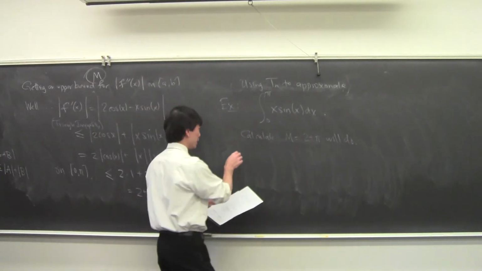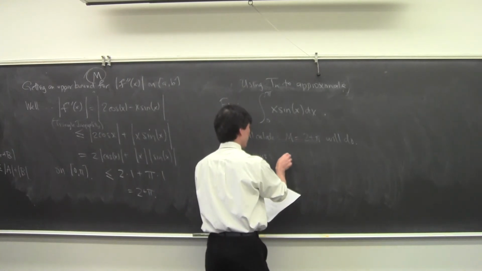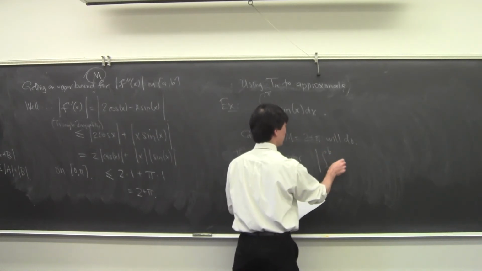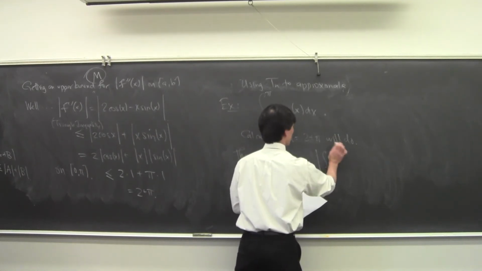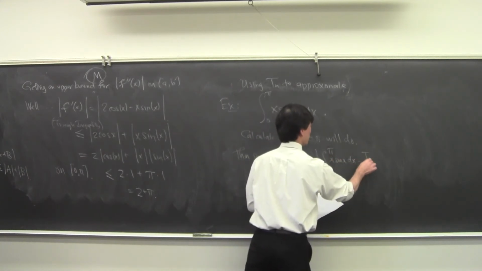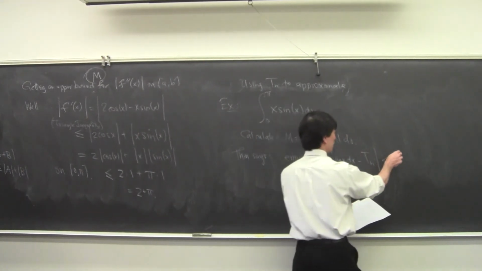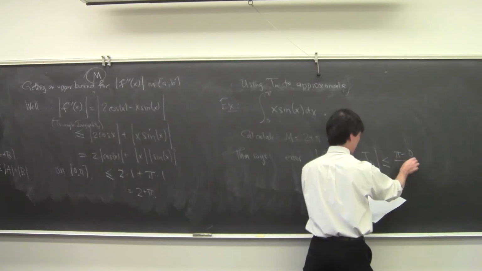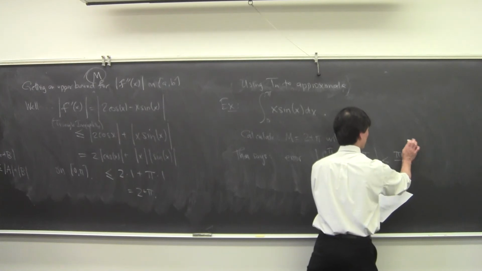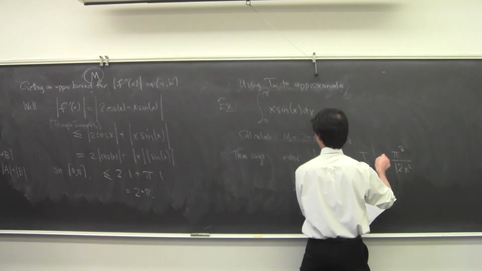Then our theorem says that the error, the difference between the integral and our trapezoidal approximation, is controlled by b minus a cubed over 12n squared times m, where b minus a is pi.